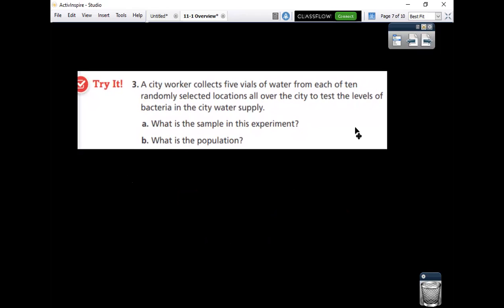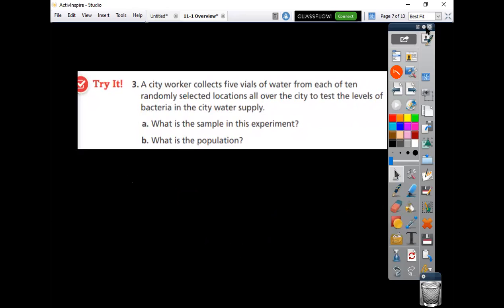Well, how about this one then? A city worker collects 5 vials of water from each of 10 randomly selected, key there, randomly, so that you have a good study, locations all over the city to test for levels of bacteria. So what's the sample? The sample is the 5 vials that they collect.